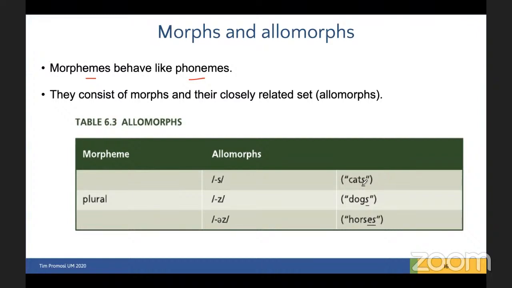Misalnya cats ya, s. Morfem s-nya muncul sebagai s, cats. Tapi ketika dalam dogs ya, itu lebih ke z, jadi voiced. Dia bisa juga muncul sebagai iz, jadi horses gitu ya. So variasi ini ketika diucapkan ini kita sebut sebagai allomorph ya.